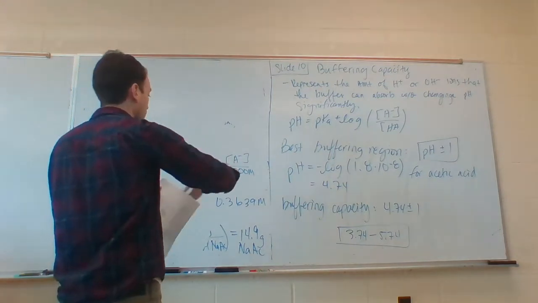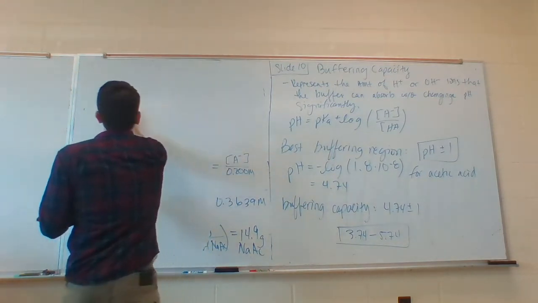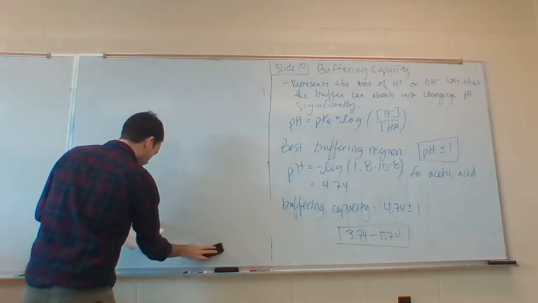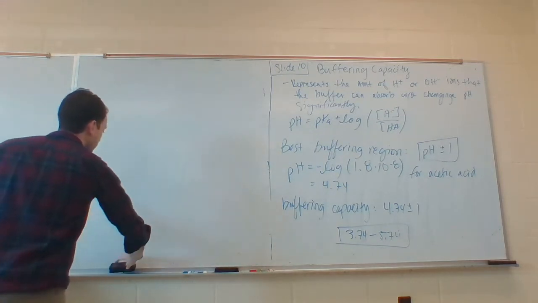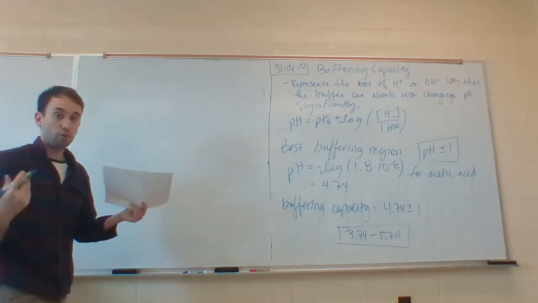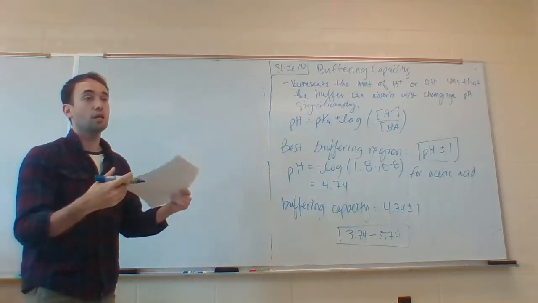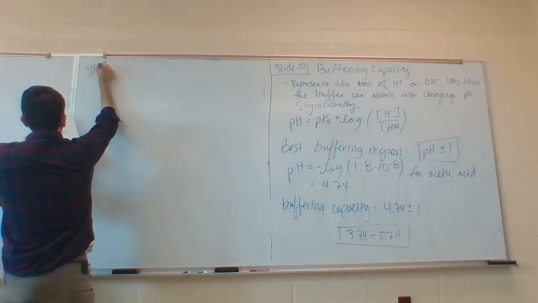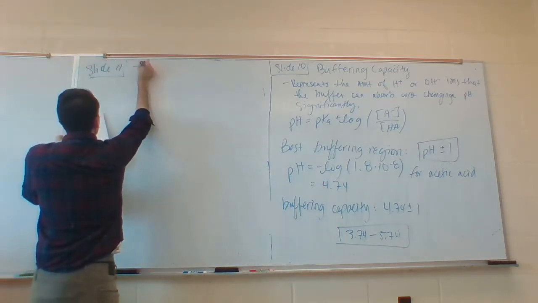Now, one last thing that I wanted to go over with y'all in this video is this idea of titrations. And the reason that I wanted to touch on titrations is because we're going to be spending the next several videos going through the different types. Okay, so slide 11, titrations.